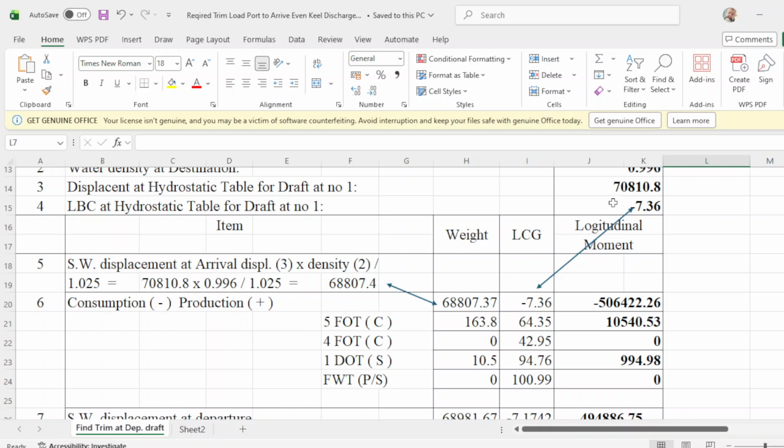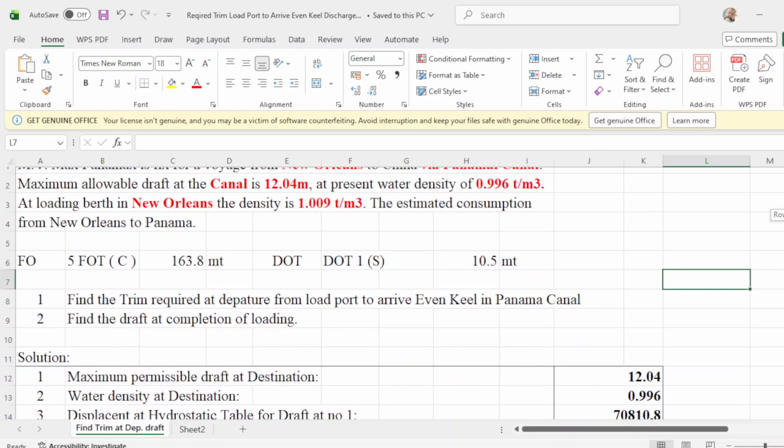And this LCB in number 4, you carried it down to make this your LCG. So this is now your new weight in salt water times your LCG. This will be your longitudinal moment or LCG moment. Now apply your consumptions, the fuel oil and diesel oil.